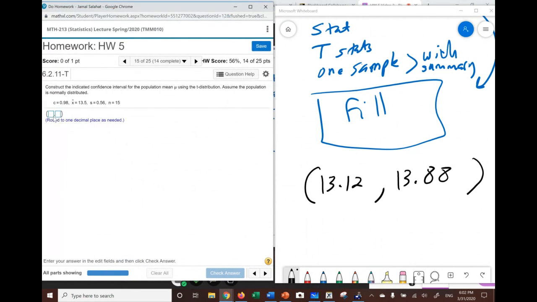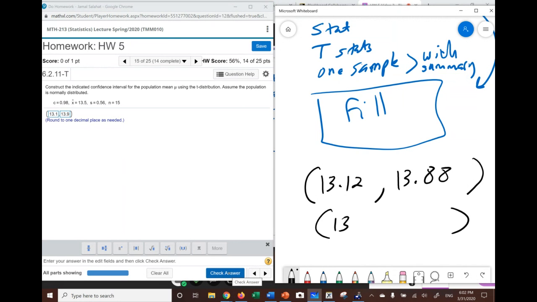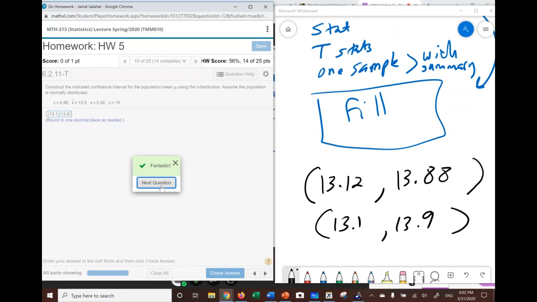And when we go in here to plug those in, they want only 1 decimal place. So it's going to be 13.1, and the second will be 13.9. You don't have to put 88. Again, they want us only to present 1 place, so we're going to put that. And if we do that, it should give us the correct answer.